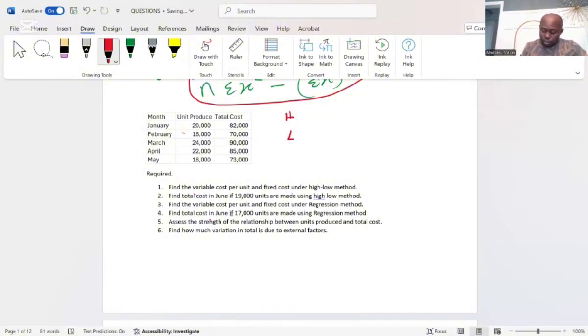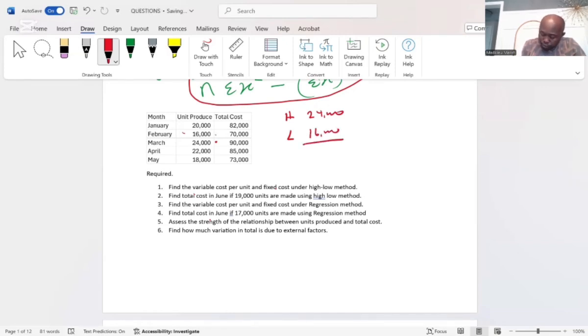Remember, step 1. My high activity unit, our highest is 24, so I will say 24,000. And the low activity is 16, I will say 16,000.